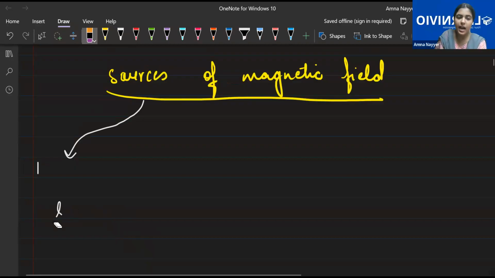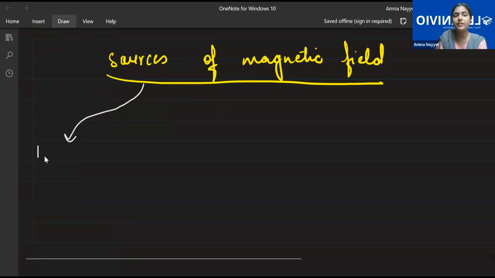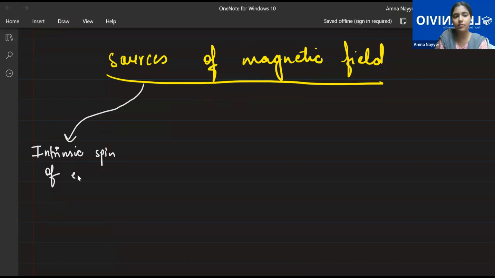So there you had a value of intrinsic spin of electron. When we talk about the intrinsic spin, you must be remembering it was represented by a plus half or a minus half. This is how we represent the intrinsic spin of electron. That also creates the magnetic field at a very micro level.